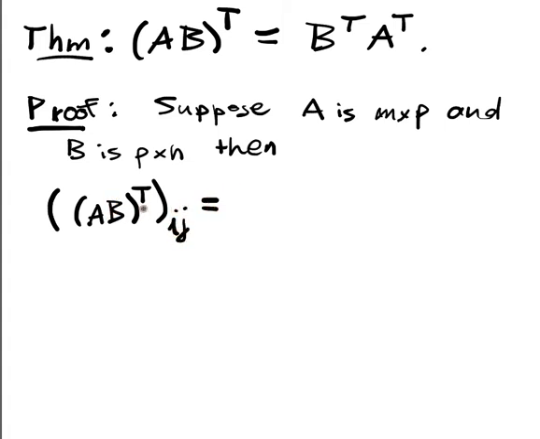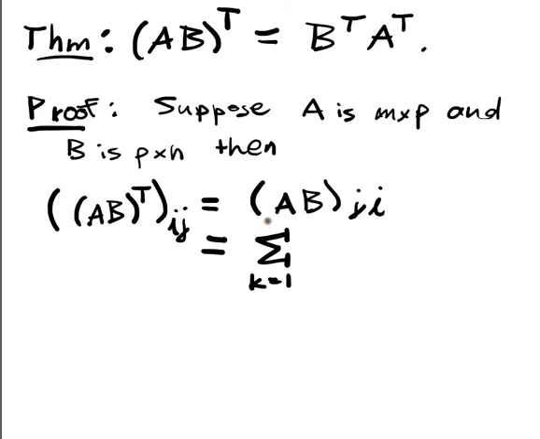Well, the ijth entry, basically because the rows and the columns are swapped, is going to be the jith entry of A times B, because we swap these entries. We basically swap indices when we're looking at the index values of the matrix. But this is defined as, in sigma notation, the sum from k equals 1 to p of A_jk B_ki. That's just definition.